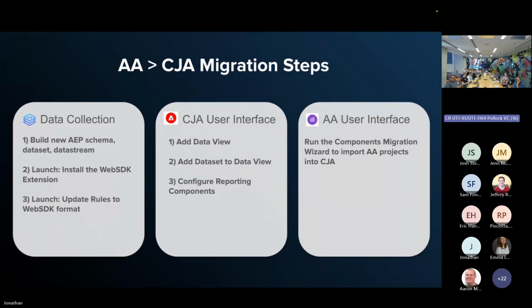Then in Launch, you'll install the WebSDK extension, which I found really easy to use. There's obviously a manual way you can install it directly with the WebSDK, but you can also just use the tag manager. And if you're using Adobe Launch, this is very, very straightforward, a very good way to do it.